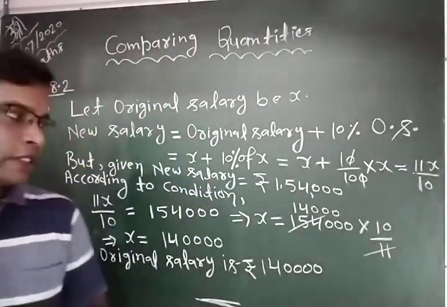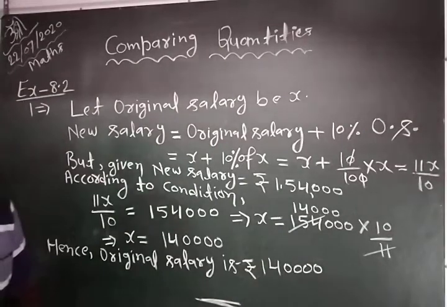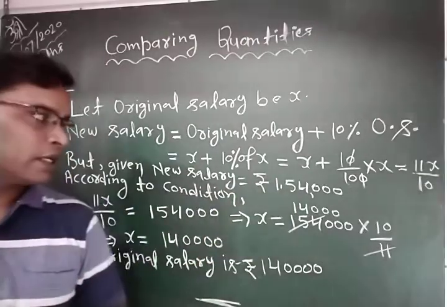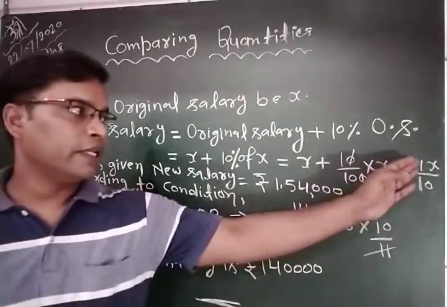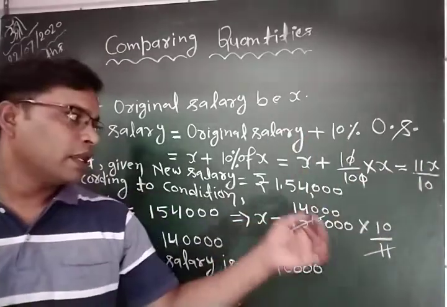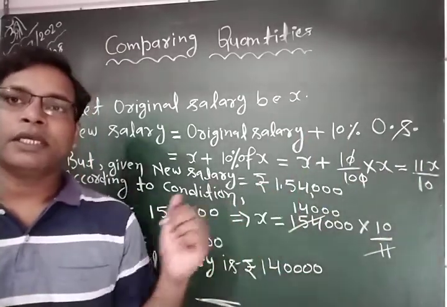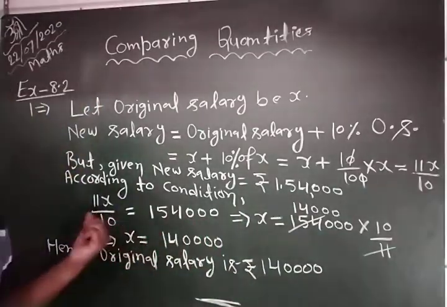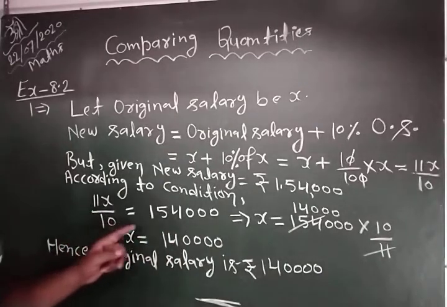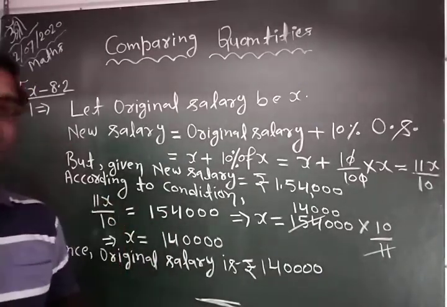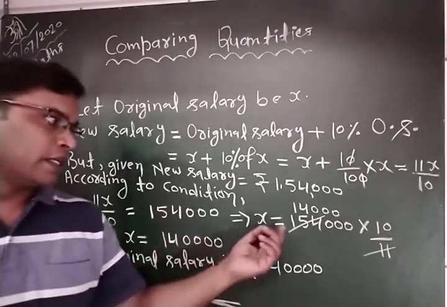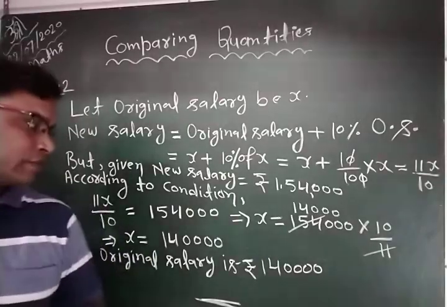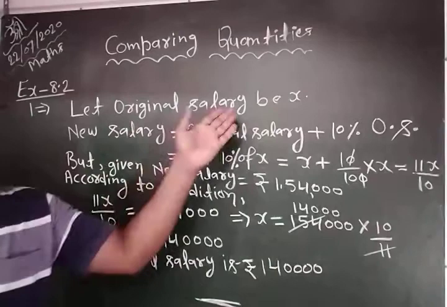But in the question the new salary is given. What is the new salary given? 1,54,000. This is the new salary. Okay, so according to this condition 11x by 10 is also the new salary, and 1,54,000 is also the new salary. So it means that both are equal. So we can write here 11x by 10 is equal to 1,54,000, and we calculate it, and at last we find that x is equal to 1,40,000, and here x is our original salary.